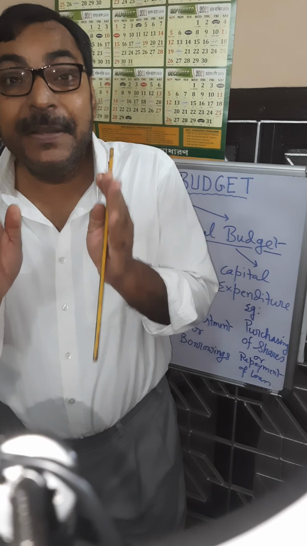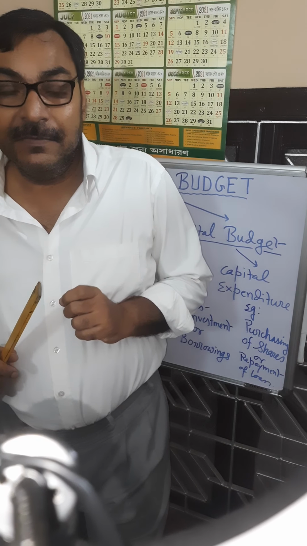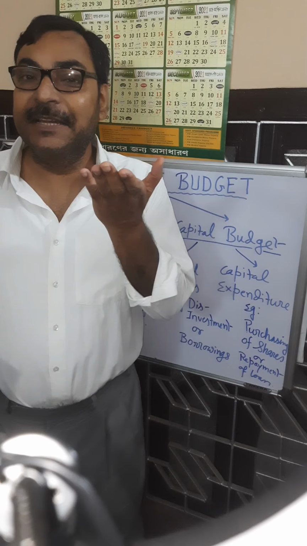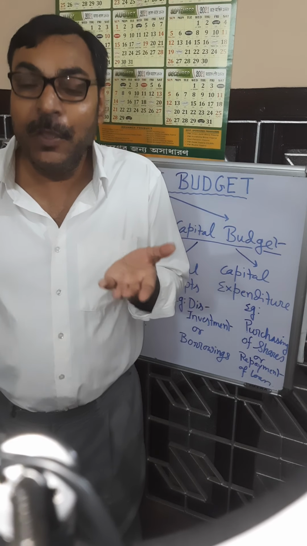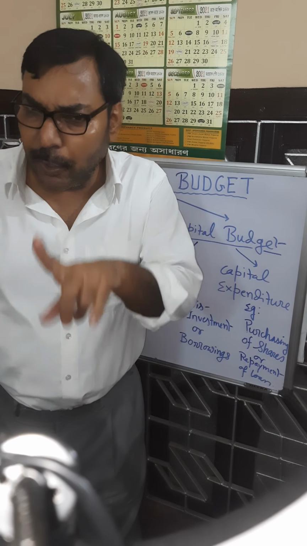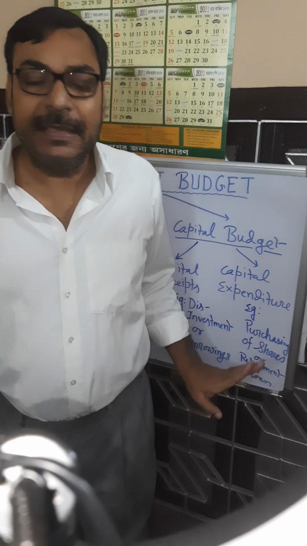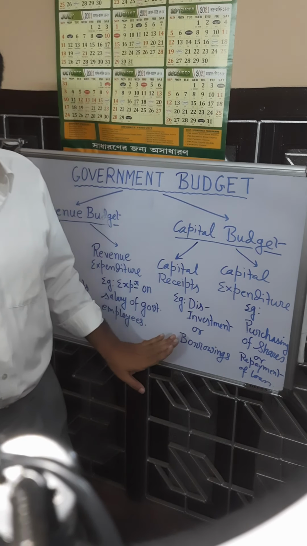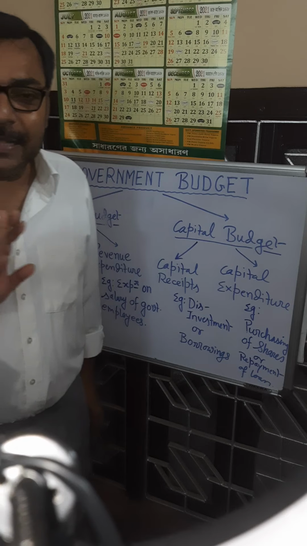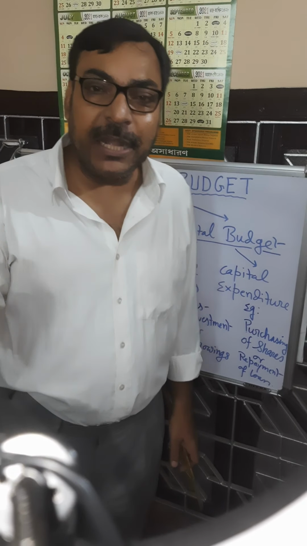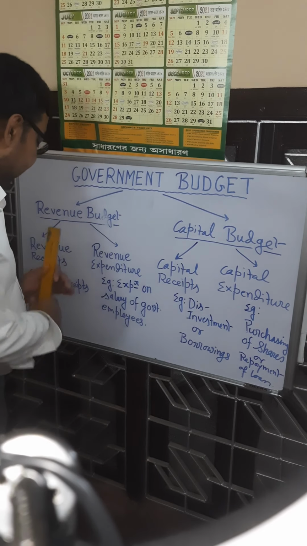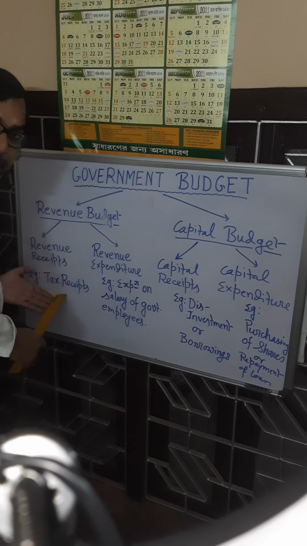This is the principle of classification. So I repeat, in case of receipts, we will consider whether liability is increasing due to the receipt or assets are declining. If any one of them is happening, then capital receipt. But if the asset liability condition is not at all affected, then it is revenue receipt.